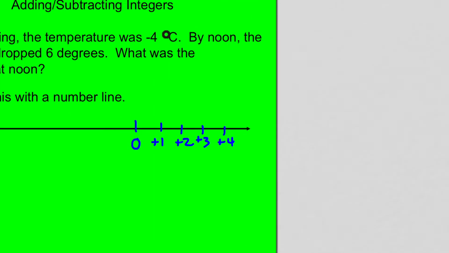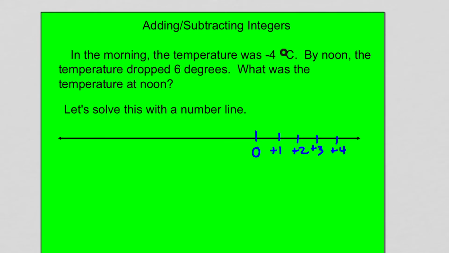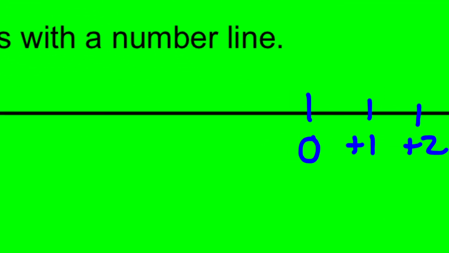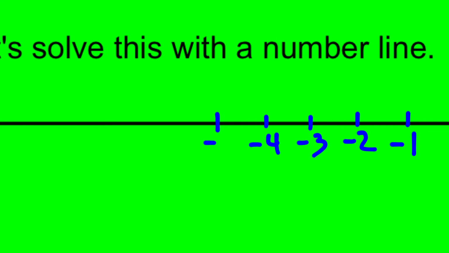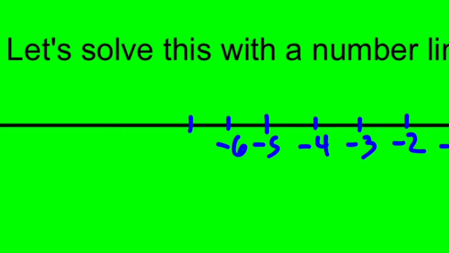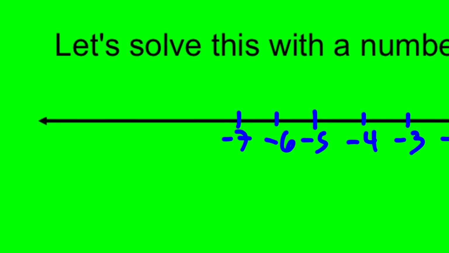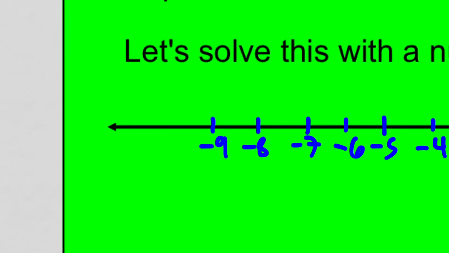And as I go on in this direction forever, the integers get larger. But my page doesn't go that far. And then to the left of 0, I have the negatives. And as you go this way, you get smaller. -1, -2, -3, -4, -5, -6, -7, -8, -9, -10, -11.